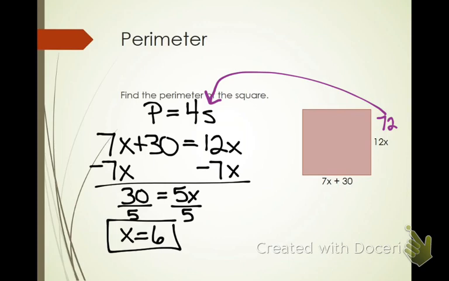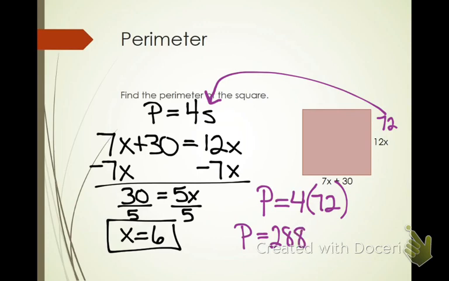Now that I know it, I can go P equals 4 times 72, which is my side length. 288. Units. 288 units.